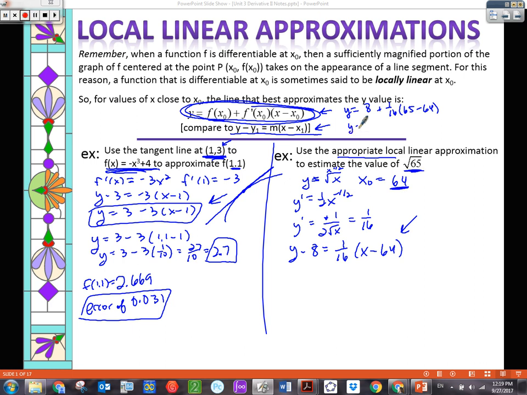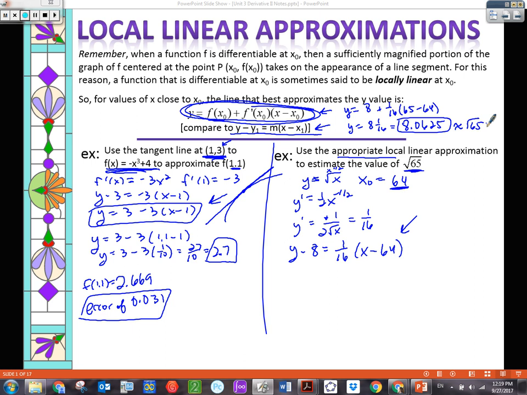So basically y is 8 and 1/16. And we're getting ready to look at error, so I'm going to look at the decimal. So the decimal would be 8.0625. So this is our estimate for square root of 65.